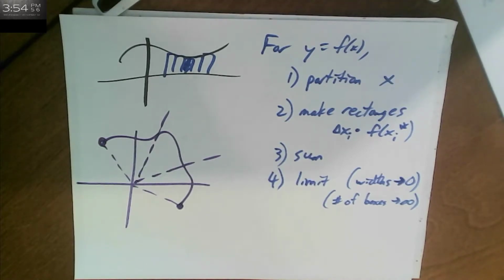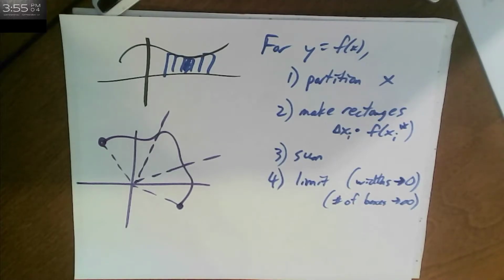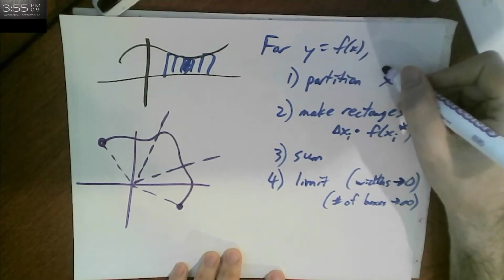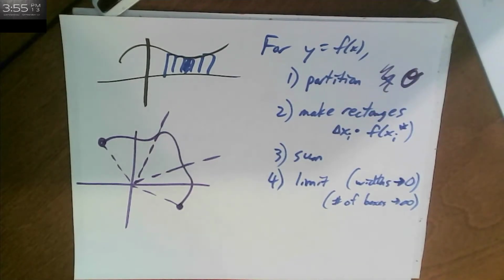Let's think about what a polar version of a rectangle would mean. We're going to follow these same steps. Before, we partitioned x; now we're going to partition theta. It's the same idea.